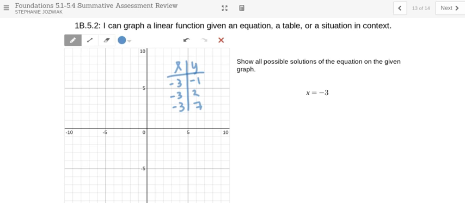Doesn't matter what the y value is, as long as the x value is negative 3. So negative 3, negative 1 would be right here. Negative 3, 2. Negative 3, 7. What I'm noticing then is that anything along this vertical line here is going to have an x value of negative 3.